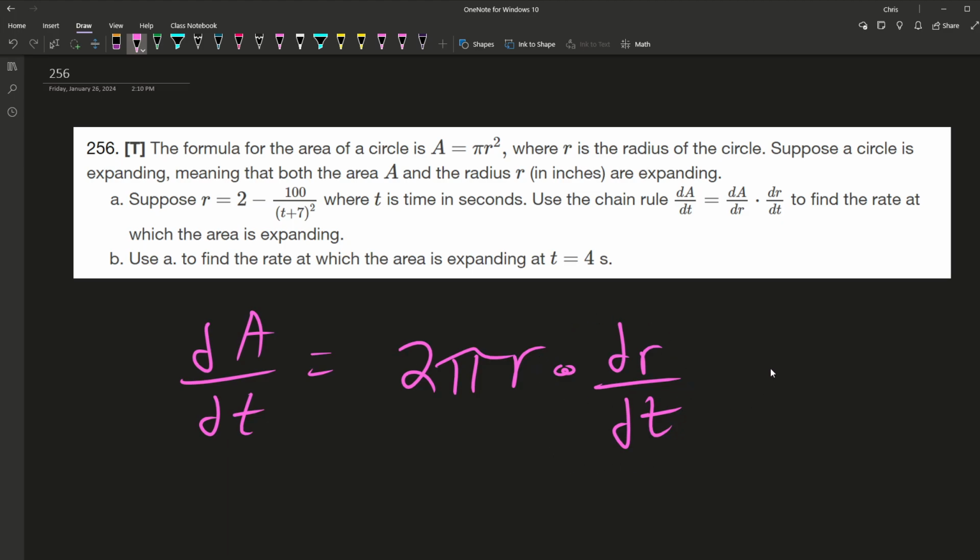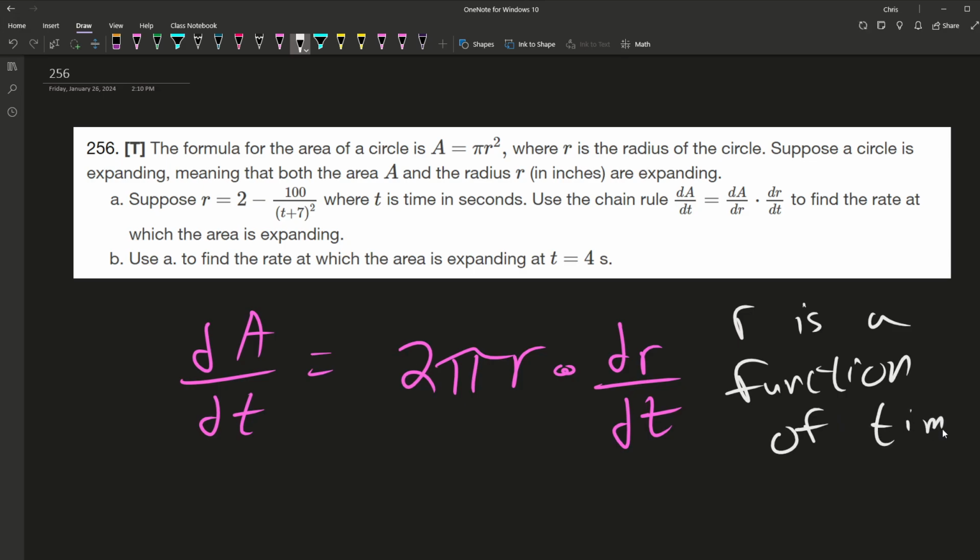This dr dt comes from the chain rule because here r is a function of time. And I don't yet know what this dr dt is. And I don't know what r is. Well, I do know what r is. I have a formula for it, right?